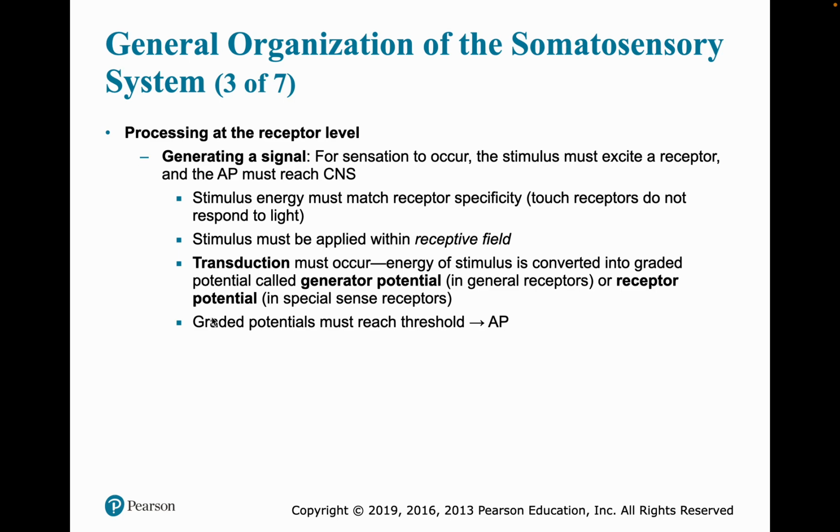The stimulus has to be applied within a receptive field, an area where one of these receptors are. And it must lead to transduction. The energy of the stimulus must be converted to a graded potential, a generator potential or receptor potential, depending on which one you're talking about. But that graded potential has to reach the threshold to become an action potential. Otherwise, we won't sense it.